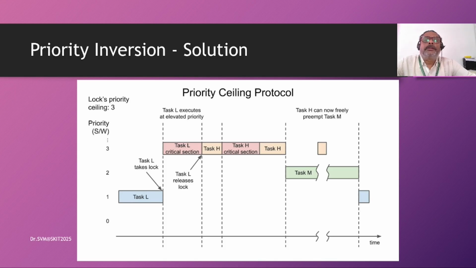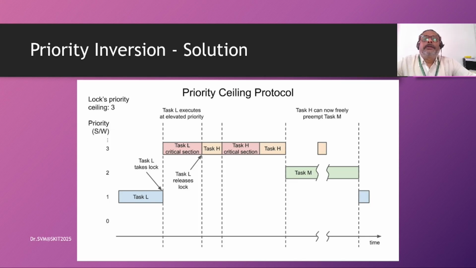If a high priority process comes in during the non-critical section execution, this low priority process will be preempted and the high priority process will be given a chance. That's a normal way of working. So as long as the low priority process is working in its non-critical section, it will be working in its low priority mode only.